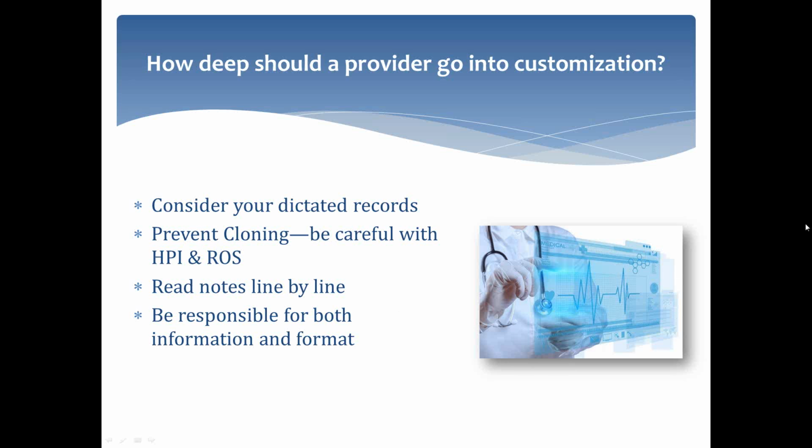You certainly do want to prevent, like we were talking about, the cloning or cookie cutter templates, especially with HPI and ROS. That is something that can happen. Sometimes they can be so long, and if you don't really review everything that's in there, especially for follow-up visits, you'll bring over inaccurate information.